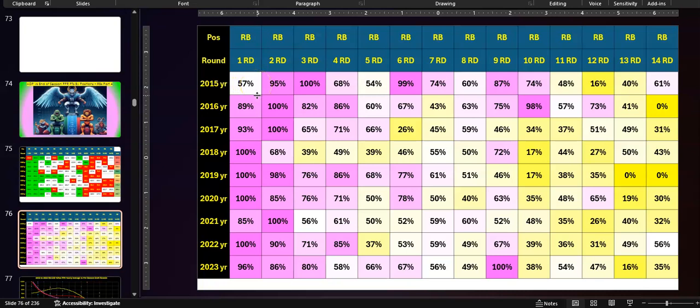If you look, we can go down the rounds if we want, or we can go across. So you can get information either way. So let's go down. And you can see 2016, 89, 2021, 85. So we had some bumps in the road.